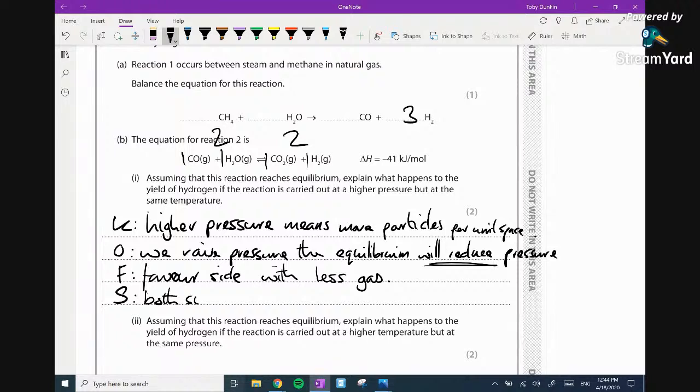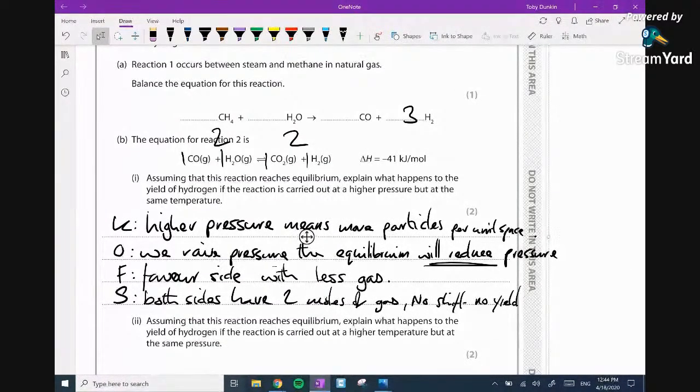Both sides have 2 moles of gas. No change to yield. No shift. No yield change. Clever question.